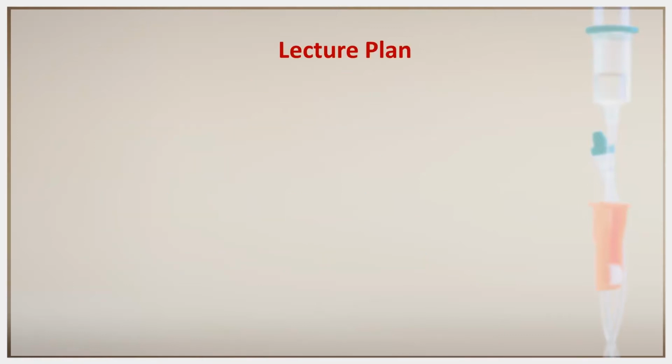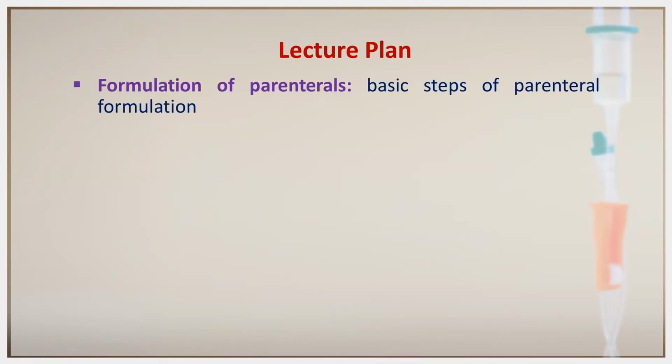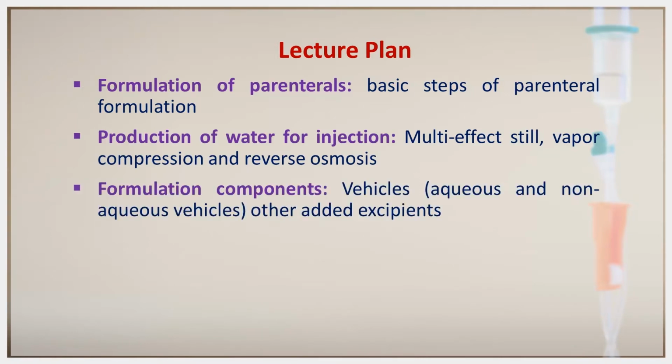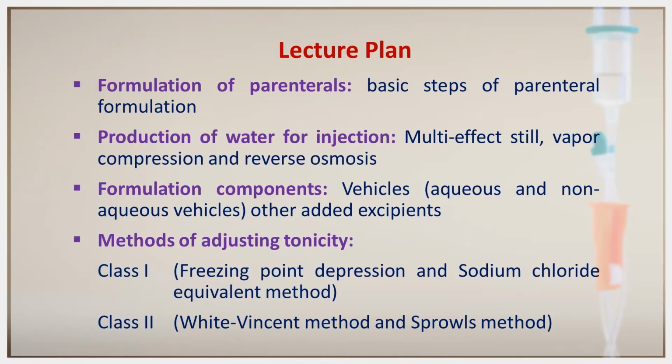We will be covering formulation of parenterals, different steps in development of formulation, production of water for injection, formulation components, different types of vehicles used in development of parenteral dosage form, other added substances and methods of determination of isotonicity.